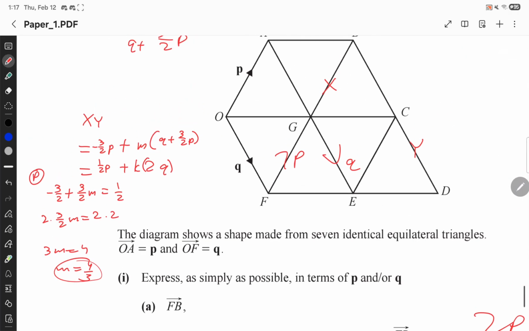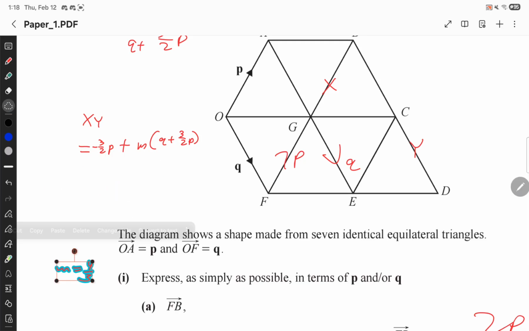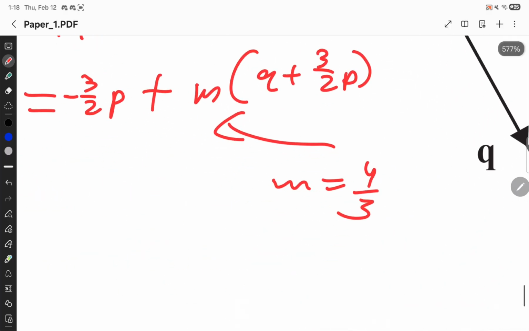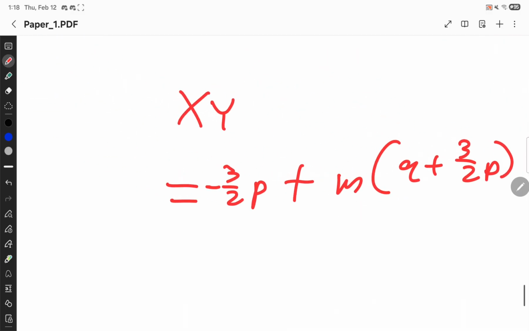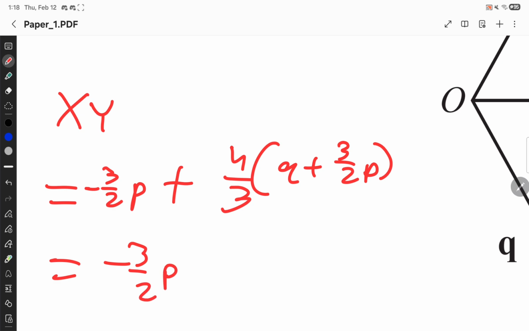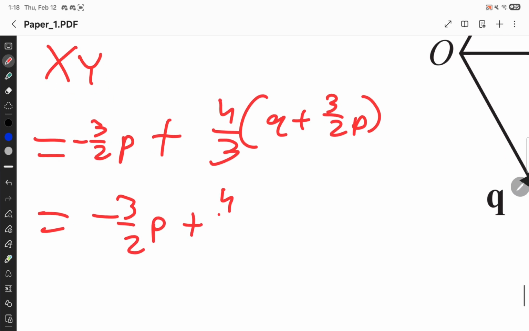So that means you can move forwards. Finally, you do not need a k equation. And solving for k, we then put this into this equation. Now we get 4 over 3, so we get negative 3 over 2p plus 4 over 3q. Let's multiply this carefully. 4 times, these 3 cancel out, and 4 over 2 is 2, so this is 2p.